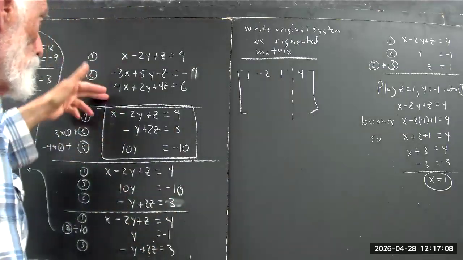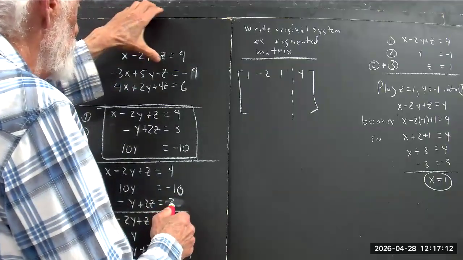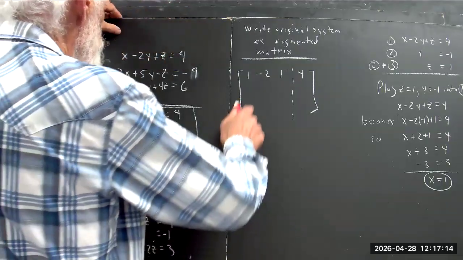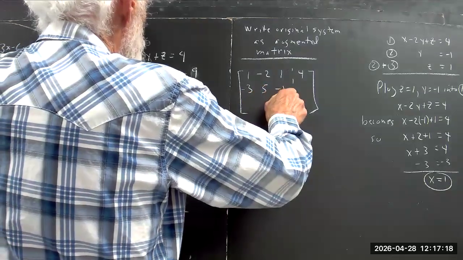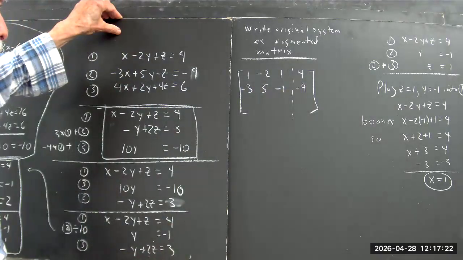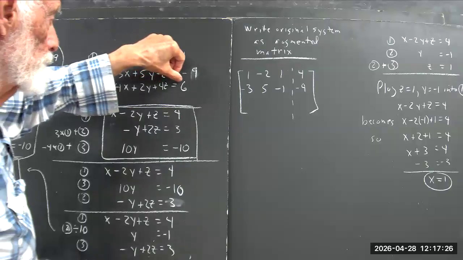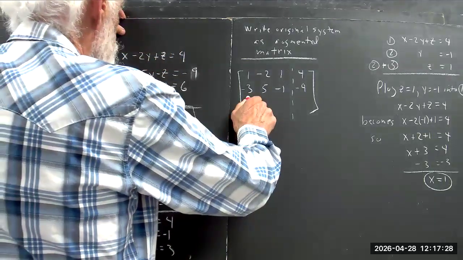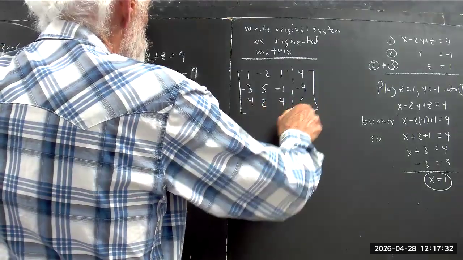Then we write the other two equations similarly. -3x plus 5y minus z equals -9 becomes -3, 5, -1, -9. Then the third equation, 4x plus 2y plus 4z equals 6, becomes 4, 2, 4, 6.